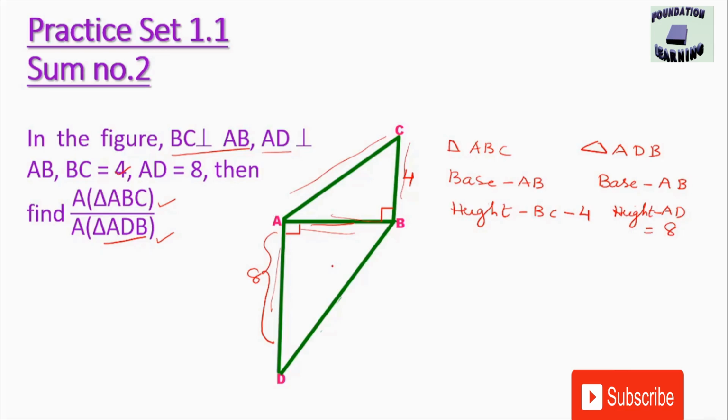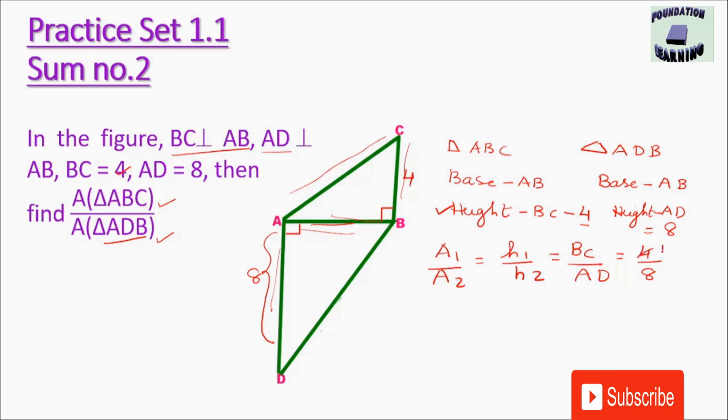Now since the bases are equal, we will take the formula A1 upon A2 is equal to H1 upon H2. What is H1 here? H1 will be the height of the first triangle ABC, which is BC, 4, upon the height AD. BC is 4 and AD is 8.